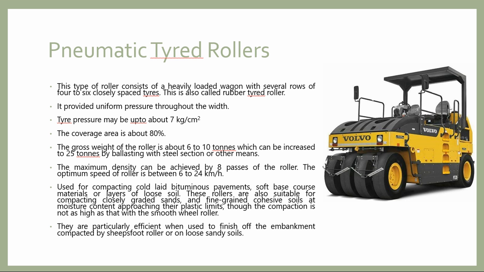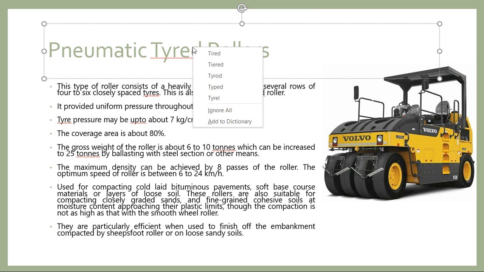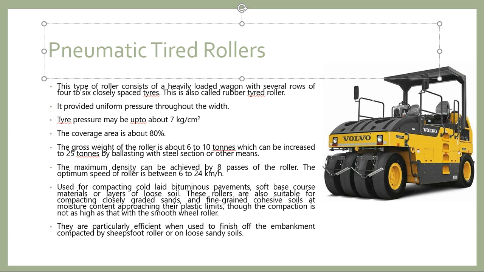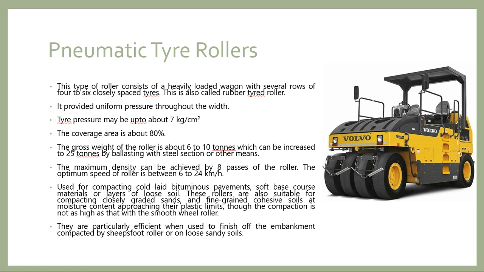Now coming to the next type, the pneumatic roller, that is called the pneumatic tire roller. This type of roller basically consists of a heavy wagon with several rows of 4 to 6 closely spaced tires.